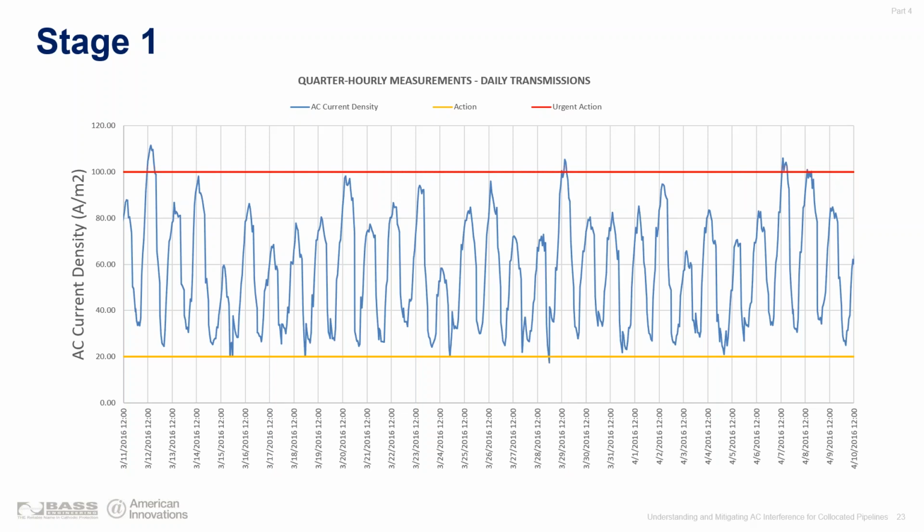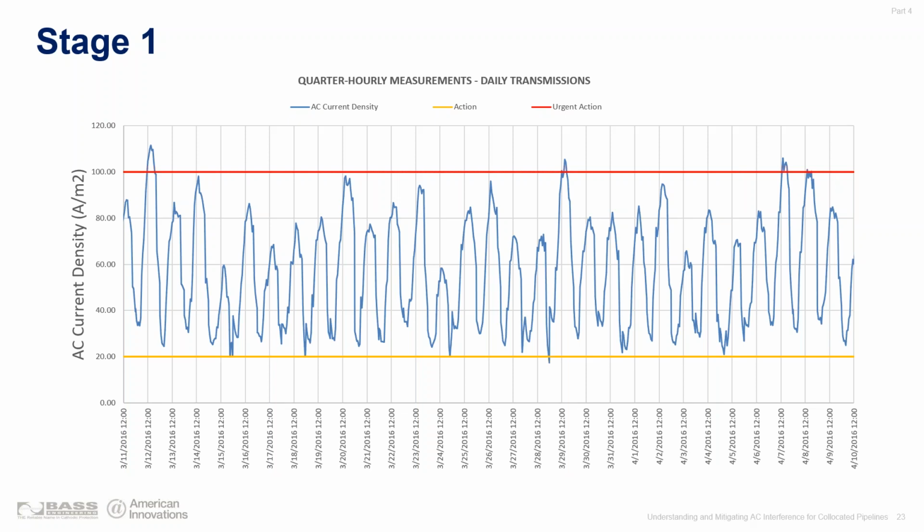The blue line is your current density for your AC, and these are measurements taken over a period of a month.